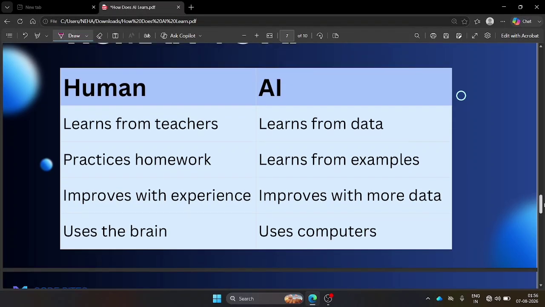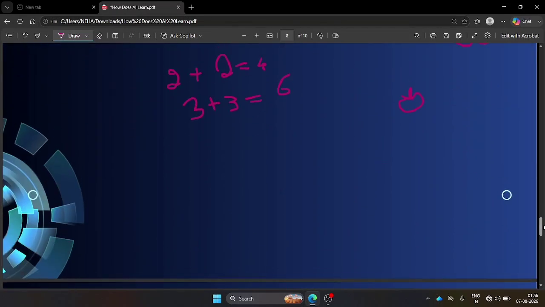Sometimes AI can also be wrong. So remember one thing, AI is not smart, AI is not magic, AI is not something natural. No, AI is not born smart, right? It learned from the data, it learned from the examples, it learned from practice. Then it becomes a better version, right? If you provide better data, you will get a better result, and it will be called a better AI, right?